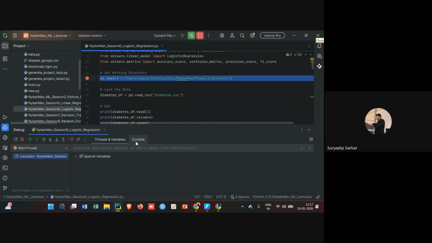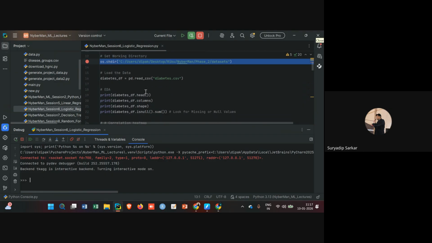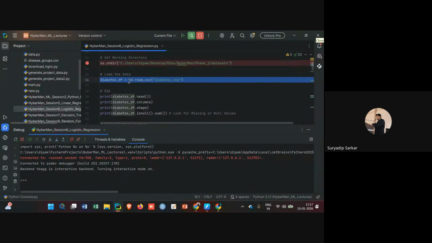Now if I go back to the console, I have this Python console ready here. Now I can click on step over. As you can see, this has now set my working directory, and now I will load the data using pandas.